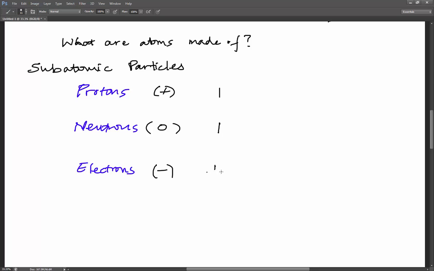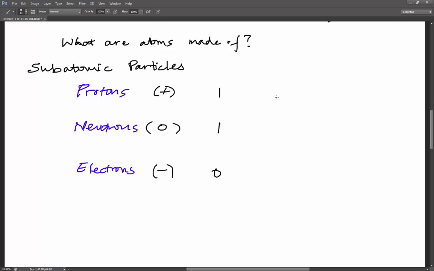And electrons are very small, so they weigh about 1/2000th as much as a proton or a neutron. And 1/2000th is so small that for all intents and purposes, we just say, look, it's basically 0. It has no mass. Now that doesn't mean it really is 0 mass. It just means it has 0 relative mass when compared to protons and neutrons.